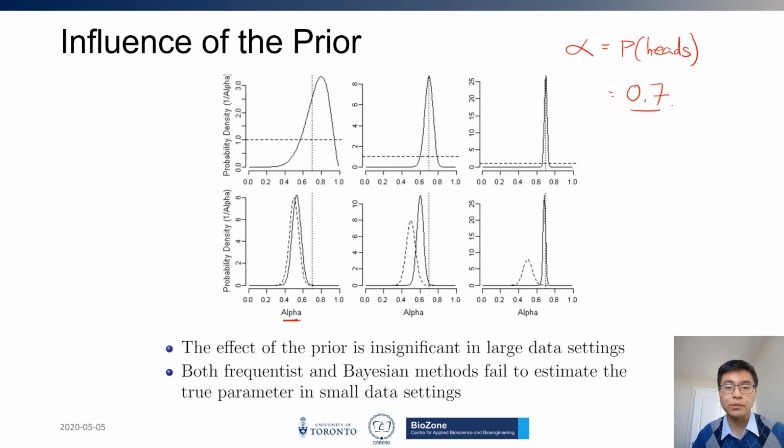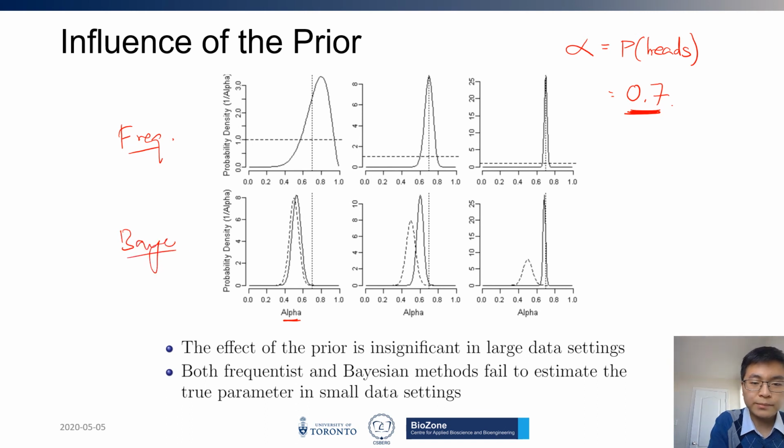So this is a biased coin, and we want to sort of estimate this value by doing experiment. Okay, the top row is the frequentist approach, and the bottom row is the Bayesian approach.